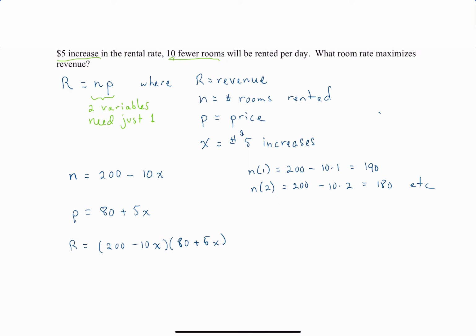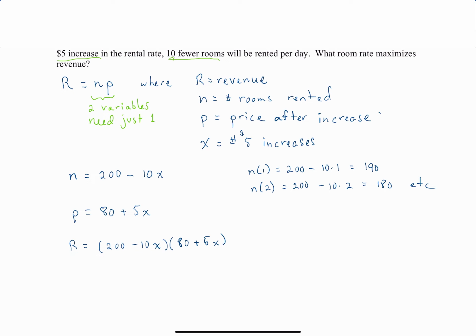And so maybe we should clarify that when I say P for price, it's the price after the increase. So now we have a function of just one variable. The only variable in there is x. So I can deal with that.